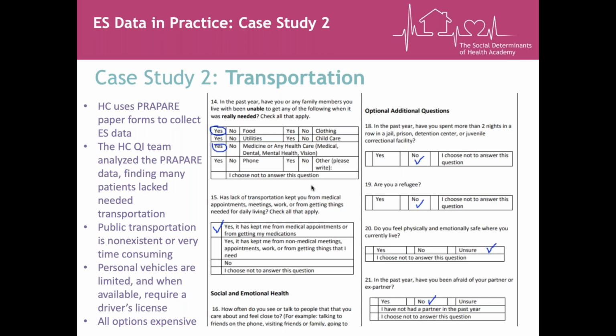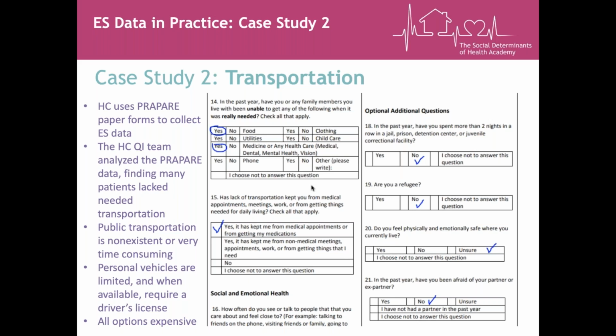So in this case, this is the part that's fabricated and just adapted. I don't know what this health center really uses, but in this example, we're using a paper form. There are advantages to using electronic data collection, but in some cases it might be easier or more appropriate to use paper forms for a health center.